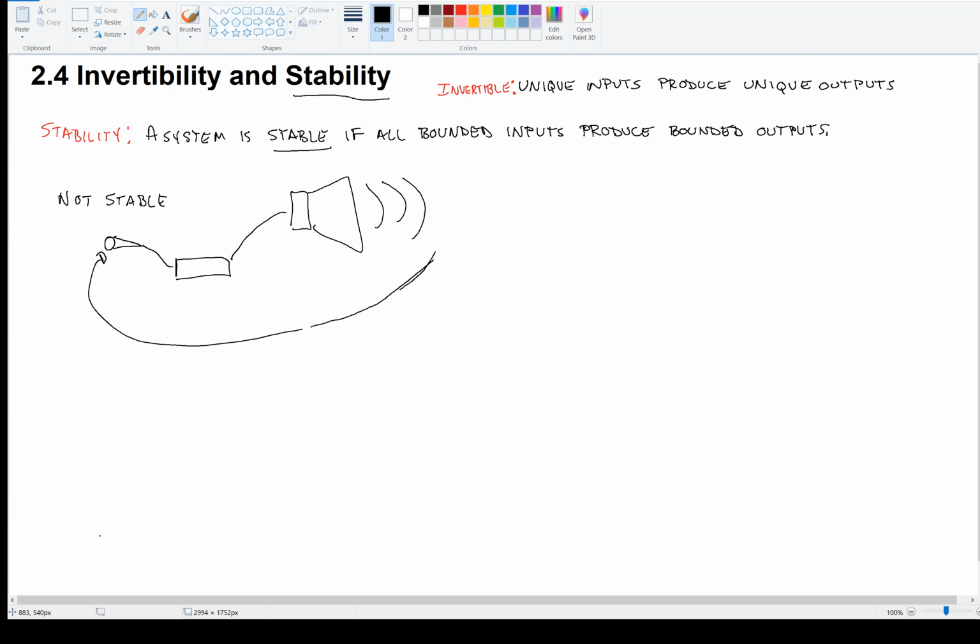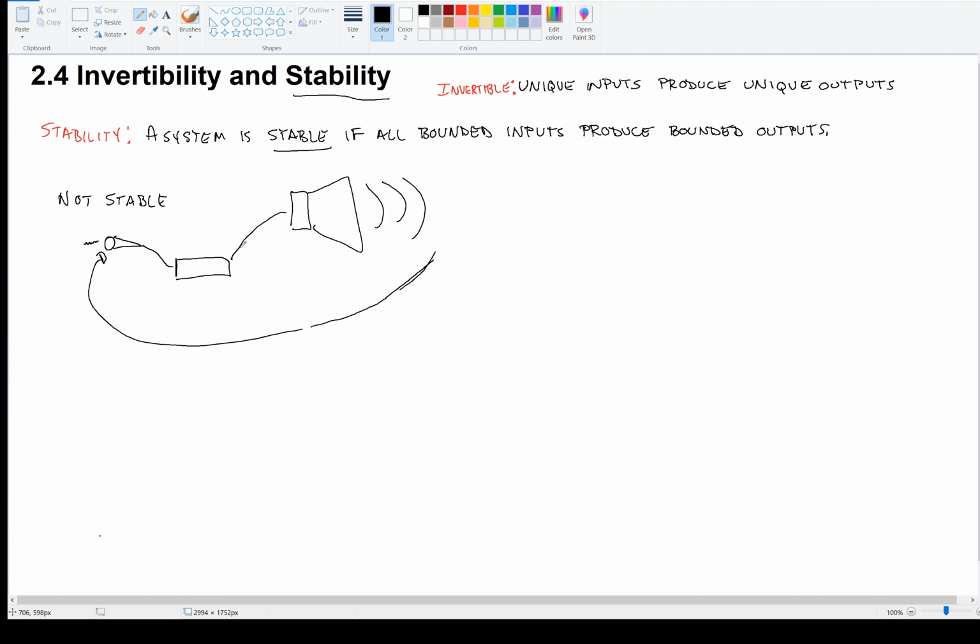So now, if I were to just put in a very small signal, meaning it's bounded, just a little disturbance, nothing too drastic, then that small disturbance goes through the amplifier, it goes through the speakers, right? And then it gets picked up again, so now it's a little bit bigger because it went through the amplifier.